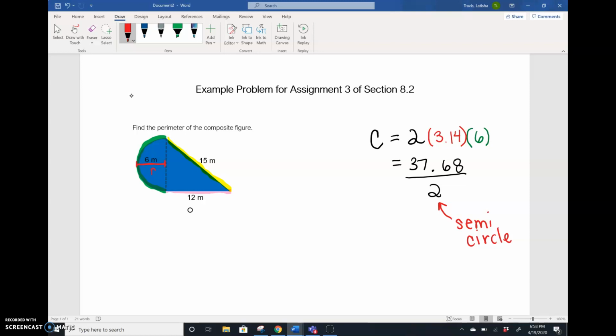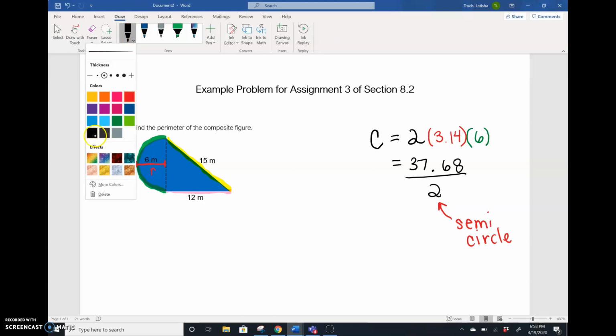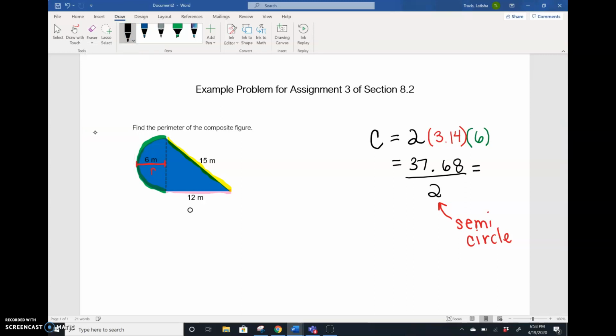So we're going to divide that number by 2, and we end up with the length of 18 and 84/100ths. So that tells us that this distance here is going to be 18.84, okay? And the units are meters for this problem. All right, so that's the distance around there.